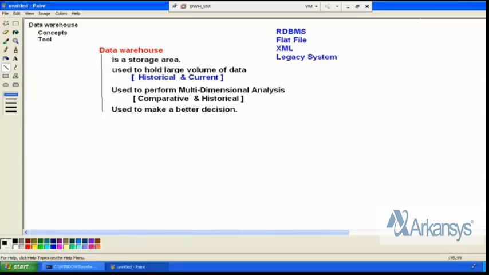It is a storage area used to perform analysis for making better decisions. So the 4 specifications here: a data warehouse is a storage area used to hold a large volume of data, used to perform multi-dimensional analysis, and used to make better decisions.